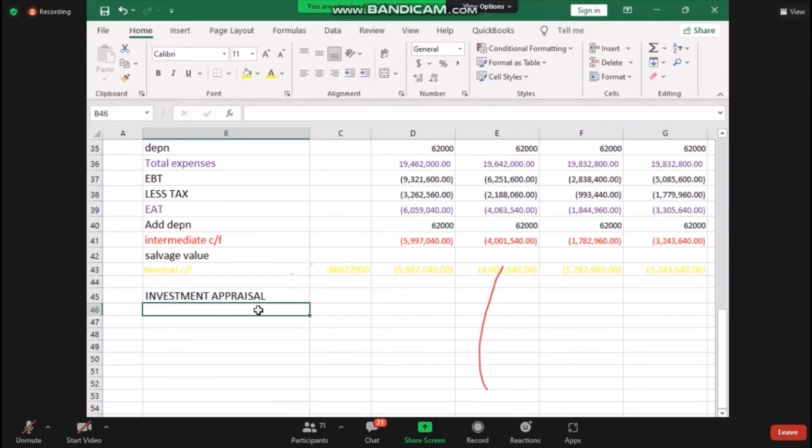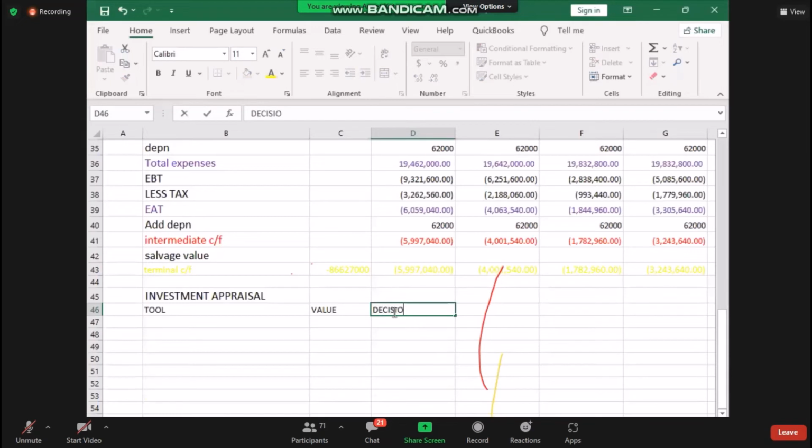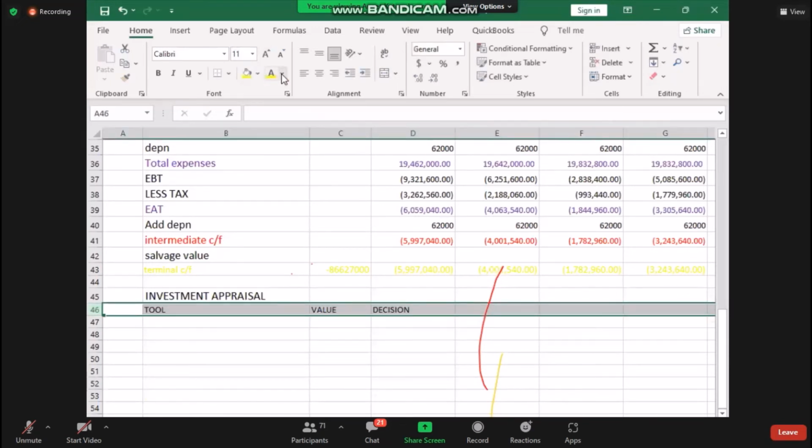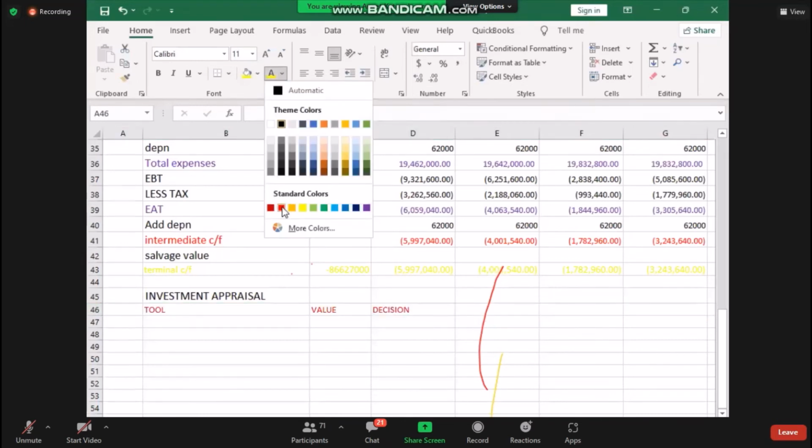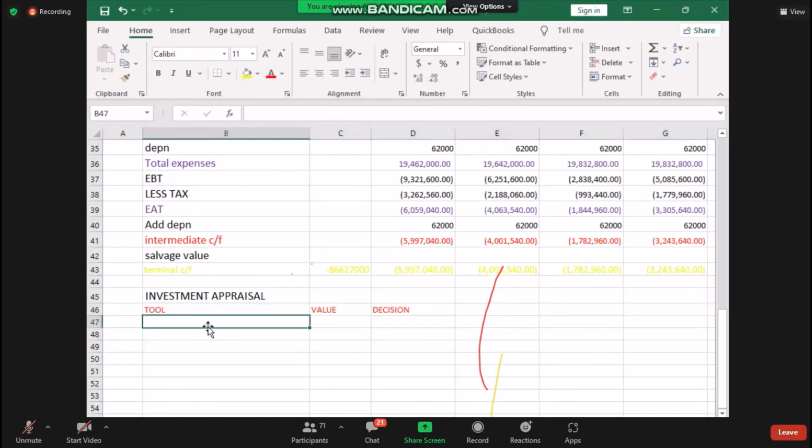We have that tool to be used to appraise. We shall need the value, and then we shall need the decision, whether to accept or not. This is what I have. Now we shall look at the NPV, the net present value, and then maybe we shall look at the IRR, the internal rate of return.